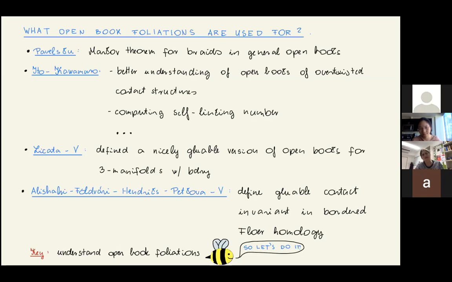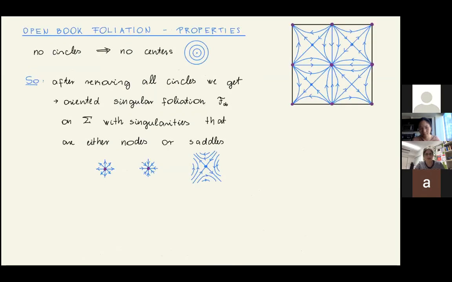And then in particular, what I'm interested in is what kind of data I have to give for an open book foliation. So once again, I assume that there are no circles, so that there are no centers. So what we are getting is an oriented singular foliation. I'm going to call it FOB, for open book, which has singularities that are either nodes or saddles.